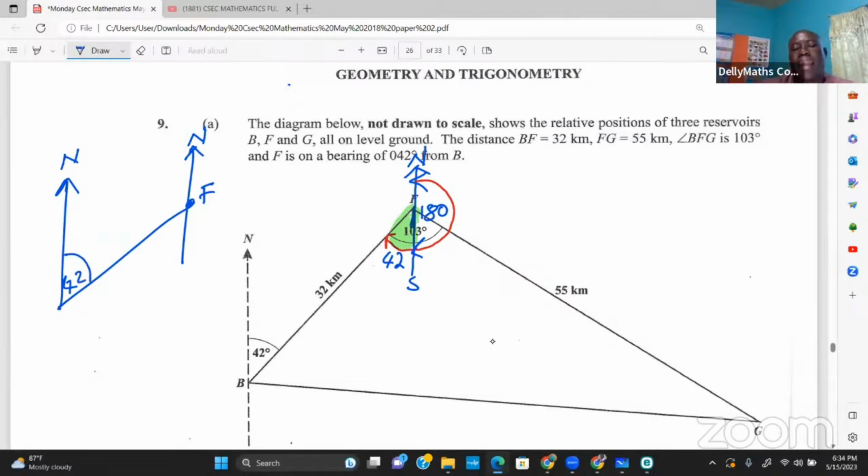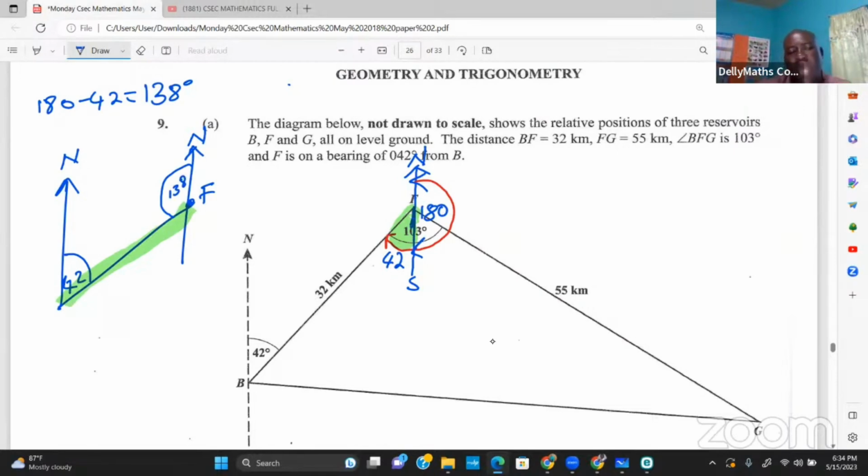When you have two north lines, they are parallel to each other. This line here becomes a transversal. Co-interior angles add to make 180. Now, see where we're going. If I take 42 from 180, I'm going to get 138 degrees, which is this angle here.